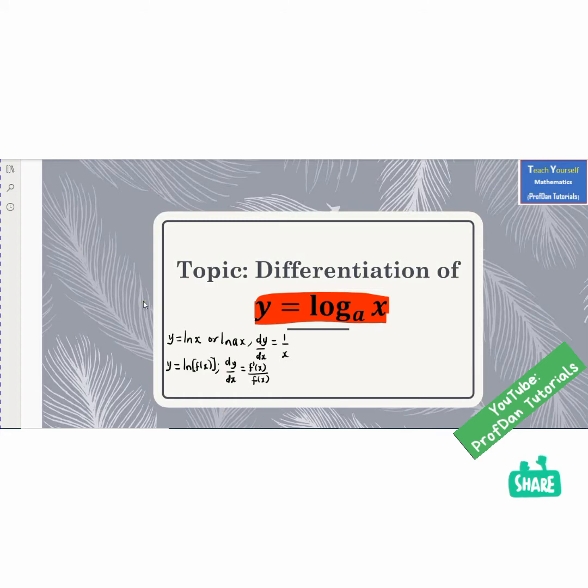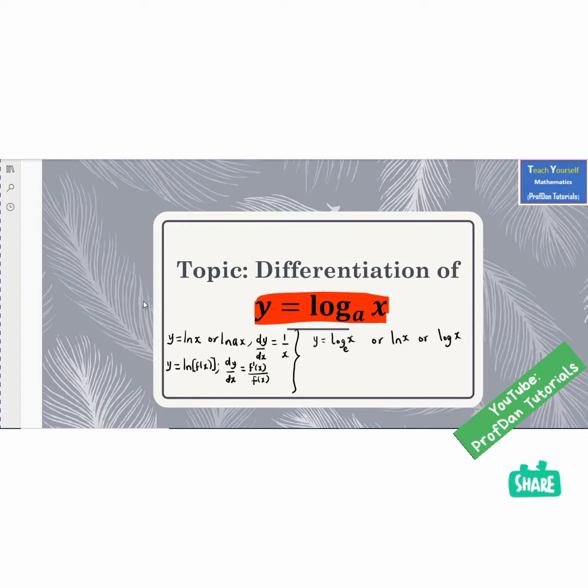One thing I didn't mention in that video, which I'm going to tell you now, is that this natural logarithm function can be written as logarithm to base e of x, or ln x, or log x.